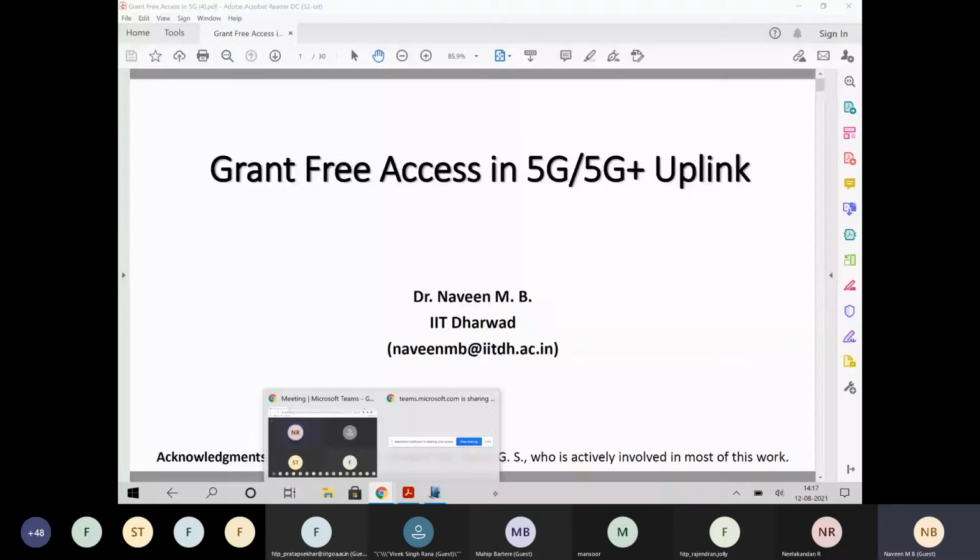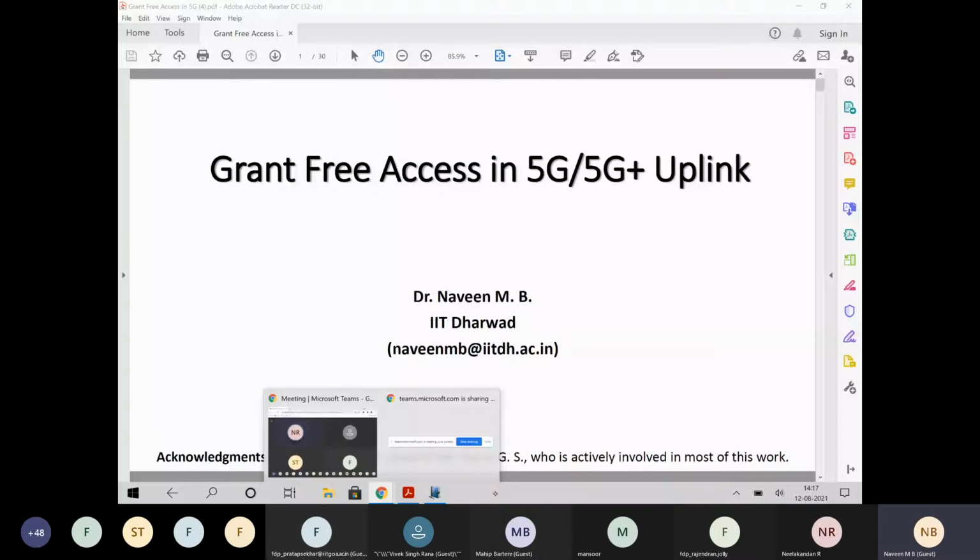With that small introduction, let's start with what is grant-based access, or how users access the network. I already discussed these aspects in my previous session. As we know, after the mobile device gets the synchronization signals from the base station, the first thing it does is send something called a random access preamble, typically denoted as message 1 in both LTE and 5G.